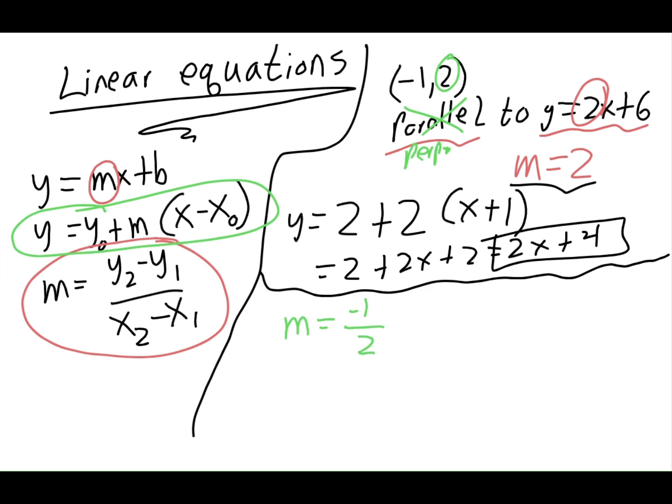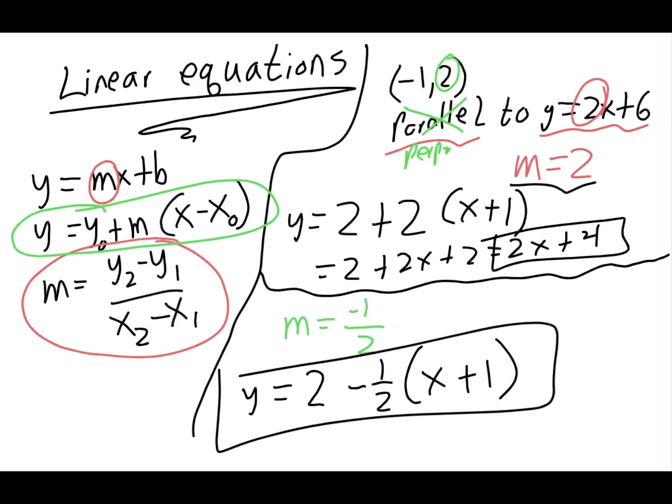A perpendicular line has a slope that is -1 over the slope of the other one. So the slope would be -1/2. Otherwise, it's the same thing. We'd still have y equals y naught is still 2 plus m, this time it's -1/2 times x plus 1. Nothing changed. I'll let you simplify that if you'd like. I'm not going to bother because, like I said, I think that is the correct answer. It doesn't need simplified any further.